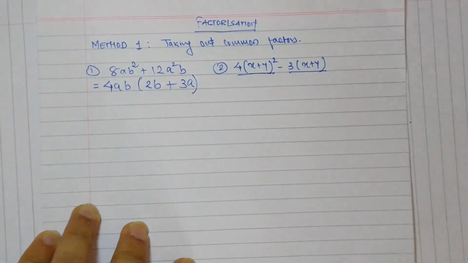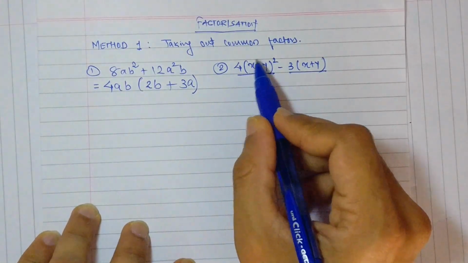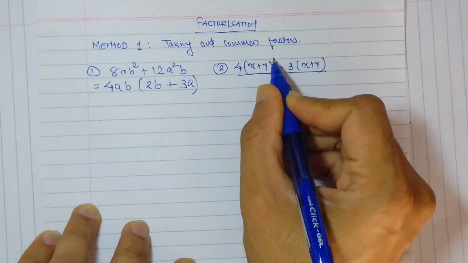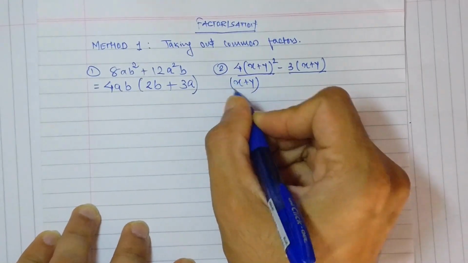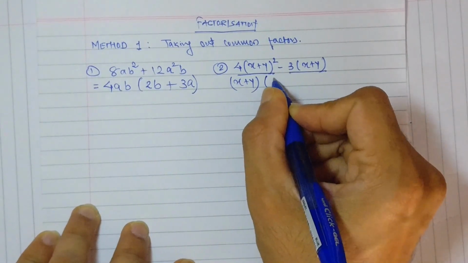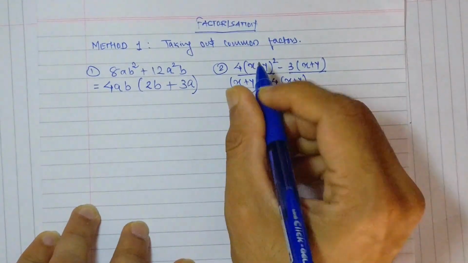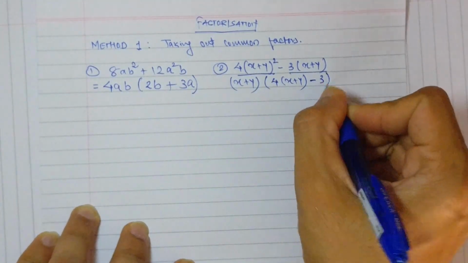In 4 and 3 there is nothing common, but there is a common bracket, that is x plus y. So in x plus y the whole square and x plus y, what is common? X plus y is common. So inside what will be left? 4 bracket x plus y, because 1 x plus y has already gone out, 1 will remain, minus 3.